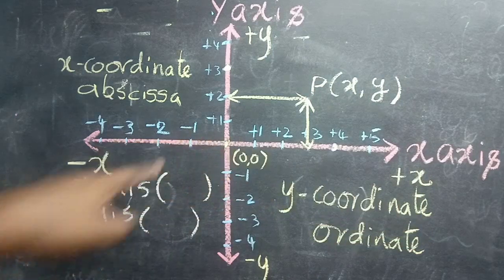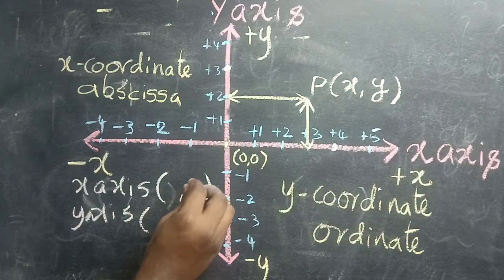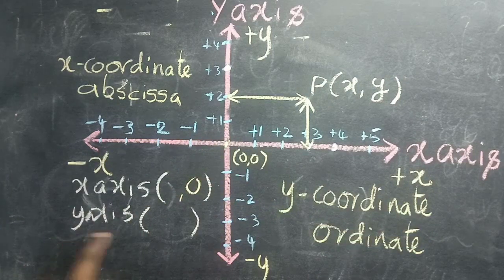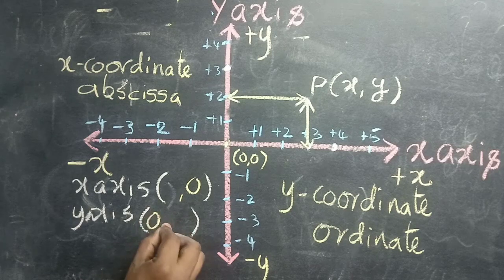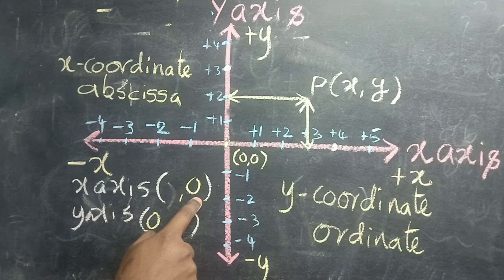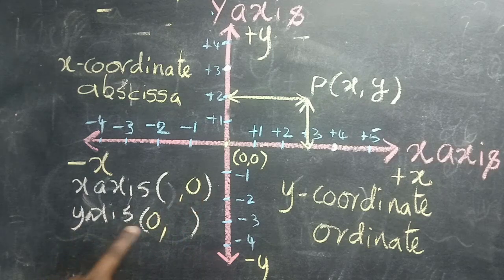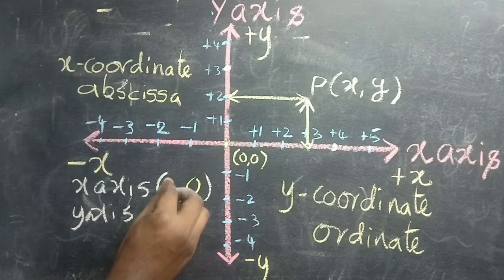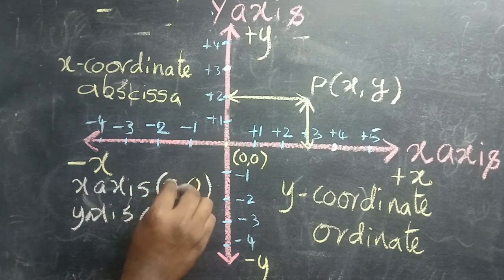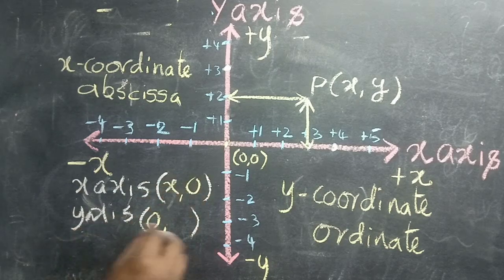On the x-axis, the y-coordinate is 0. On the y-axis, the x-coordinate is 0. That is, on the x-axis it is x comma 0, where x can be any value. On the y-axis it is 0 comma y.